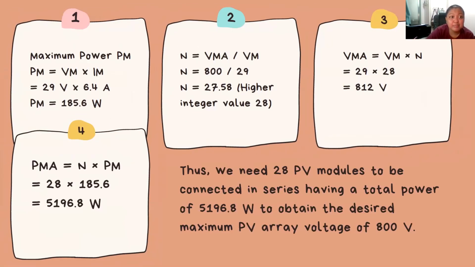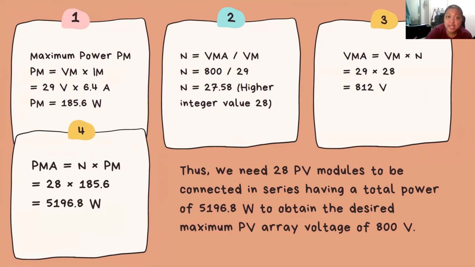In getting the maximum power, we have P equals V times I. So P sub M is equal to V sub M times I sub M. So we have 29 volts times 6.4 amperes, which will give us a maximum power of 185.6 watts.